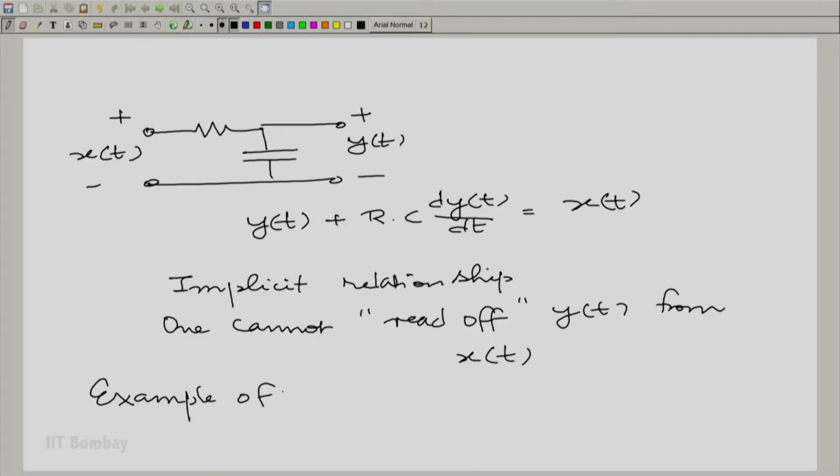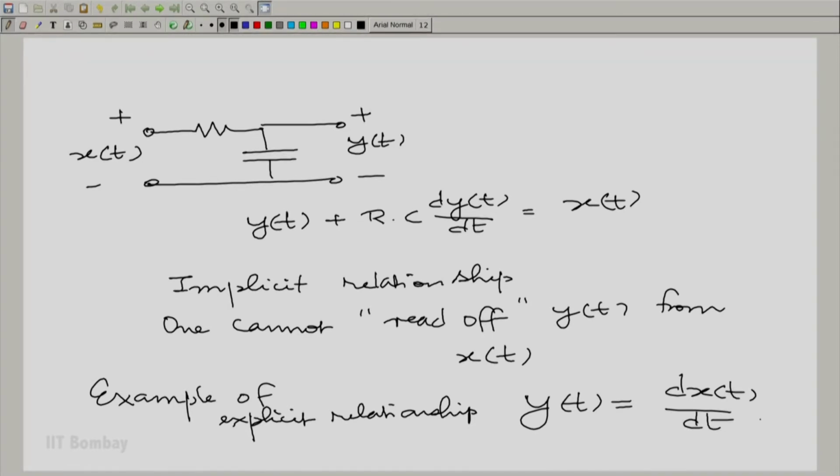So let me give you an example of an explicit relation. y(t) is, let us say, dx(t)/dt, very clear. The output is the derivative of the input, as clear as crystal. So I can read off y(t) from x(t) time by time. I can't do that in this RC circuit. I need to do some work, I need to solve it.